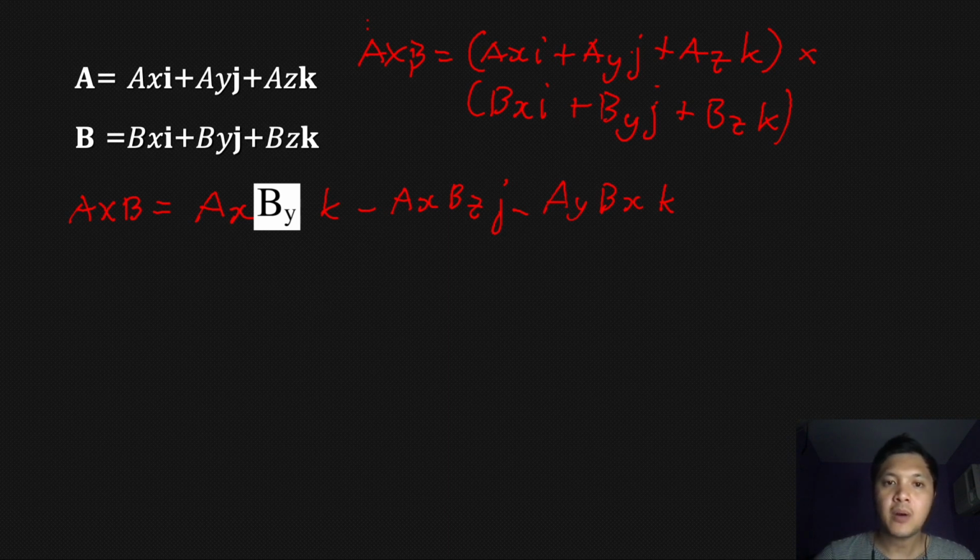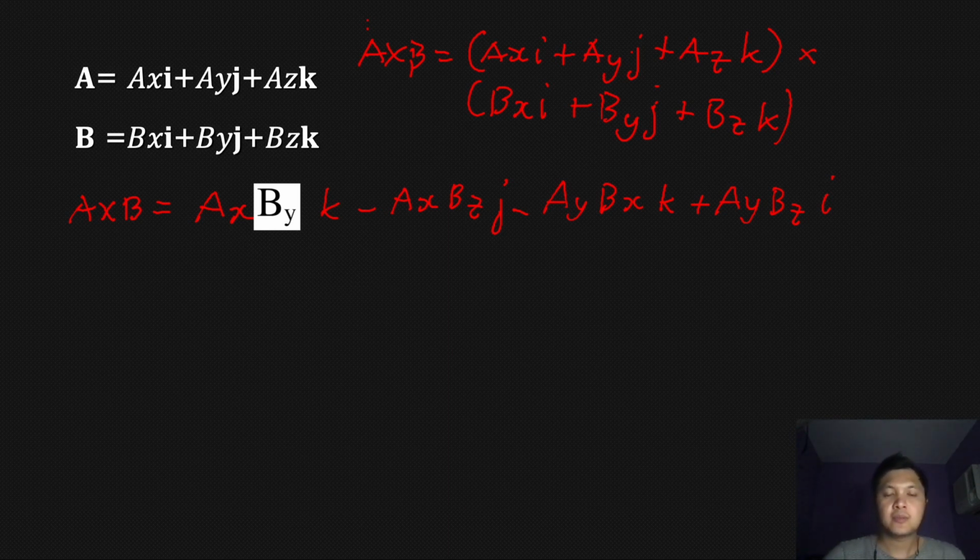Okay, next is J cross J, which is 0, so we don't have to write that. And then AyJ and then BzK. So J cross K is positive I. So that's AyBz I. Okay, next is plus AzK and then BxI.